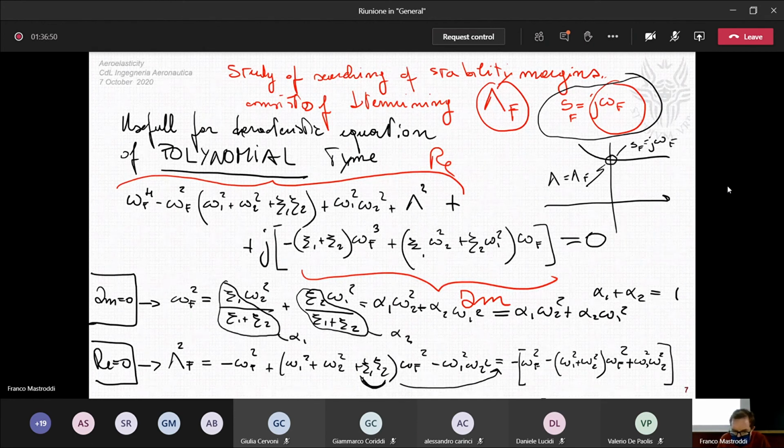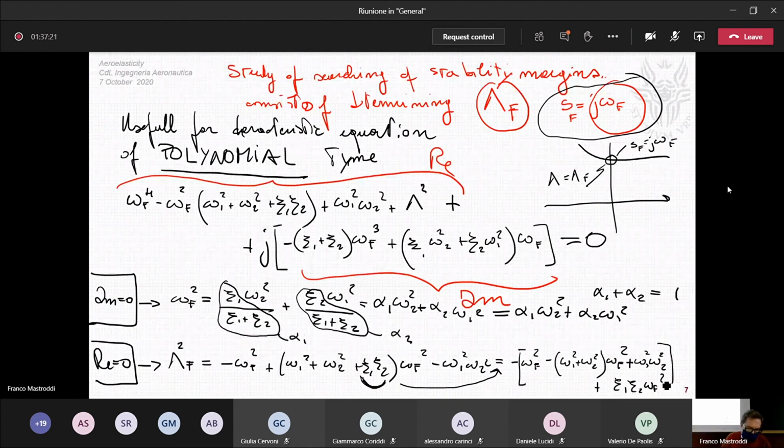And at the end, I want to put aside the term plus zeta 1 zeta 2 omega flutter square, and I want to develop this quantity. This quantity is currently giving me the lambda square flutter limit as a function of omega flutter and omega 1 and omega 2. Okay, it's trivial.